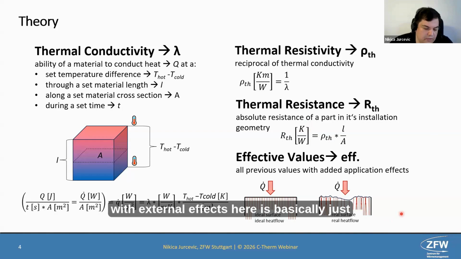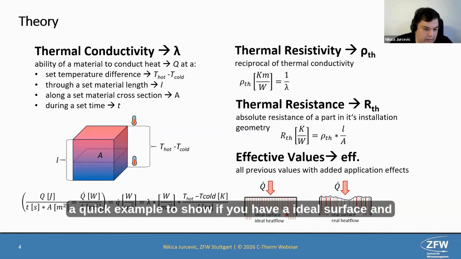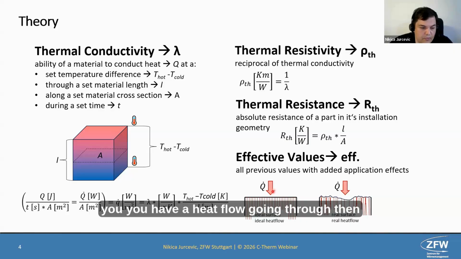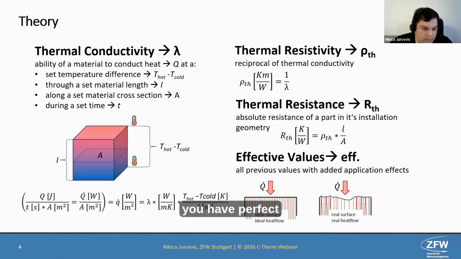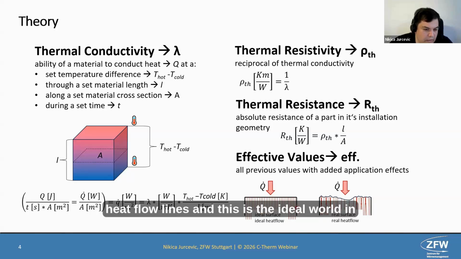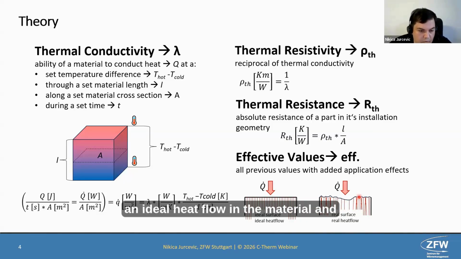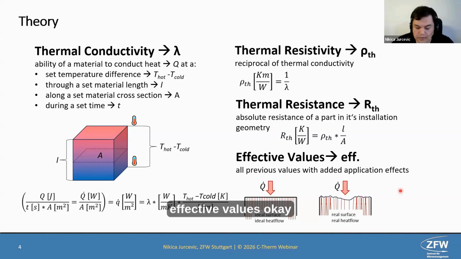Here's a quick example: if you have an ideal surface and a heat flow going through, then you have perfect heat flow lines, and that is the ideal world. In the real world, you have a rough surface, for instance, and you will not have an ideal heat flow in the material. These added effects are called effective values.